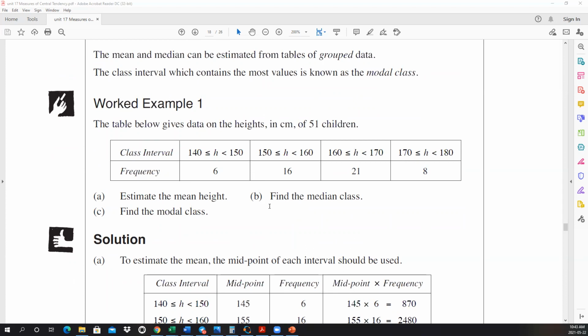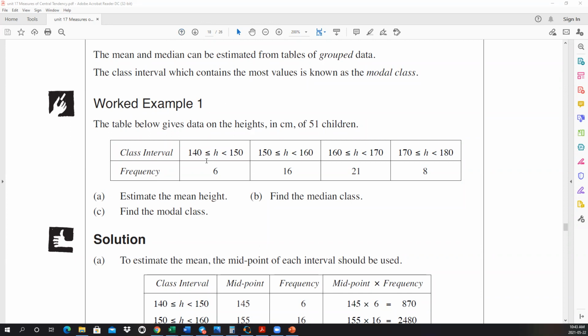And if it's not an odd set, then you would just take the average of the two middle numbers. And then the mode would be the number that appears most frequently, right? So that was what we did before.